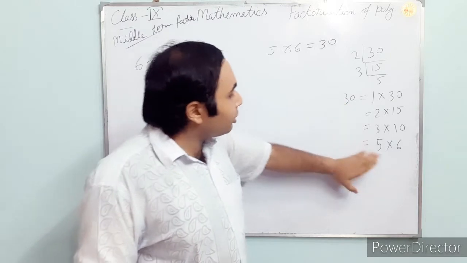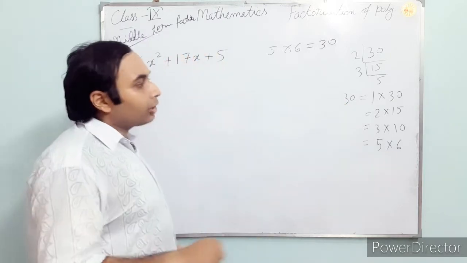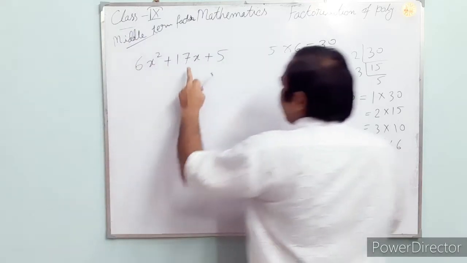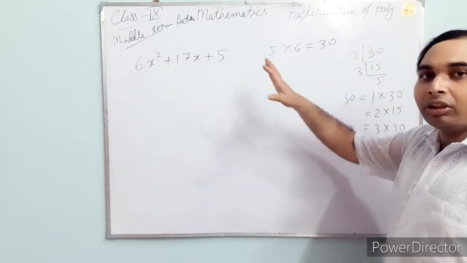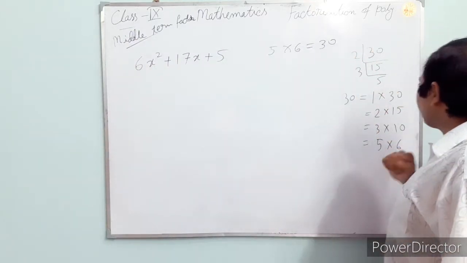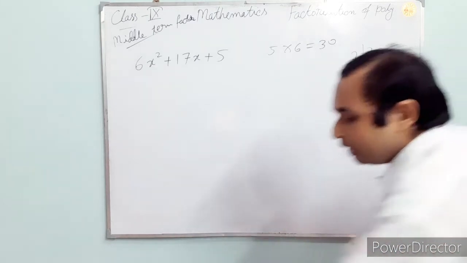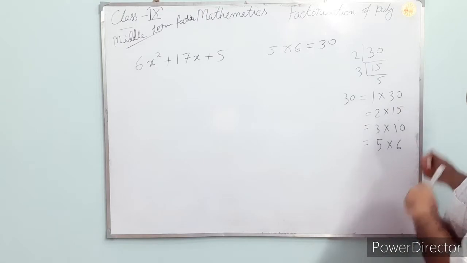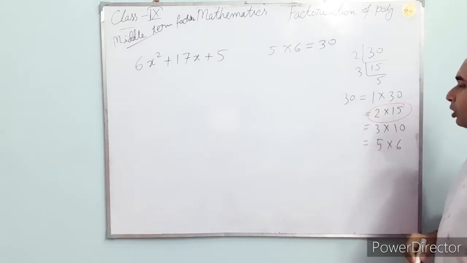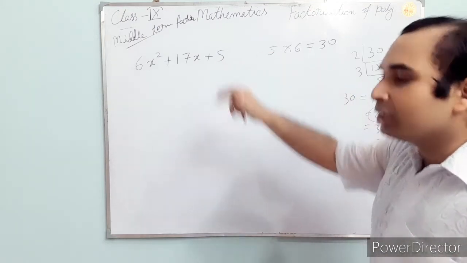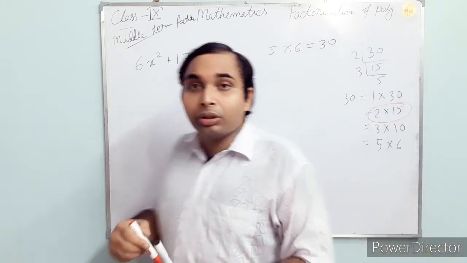But up to this you have to do always. After that, don't take all of these options, just see. Here 17 is there, so how will we get 17 from those two? What are the possibilities? Seeing only, you can see that here 2 and 15 are there, so 2 plus 15 equals 17. So this must be applied there. This is the rule only.